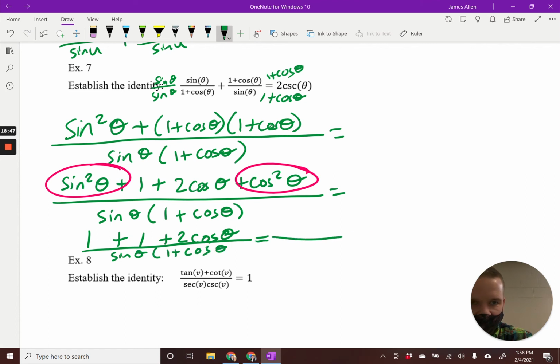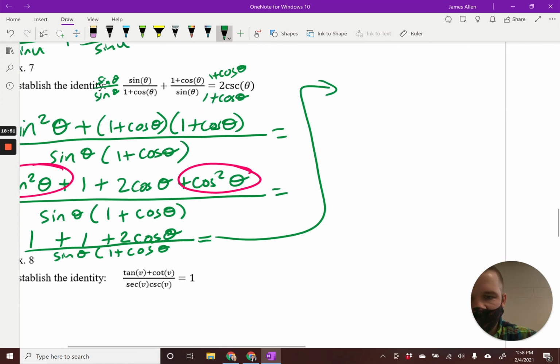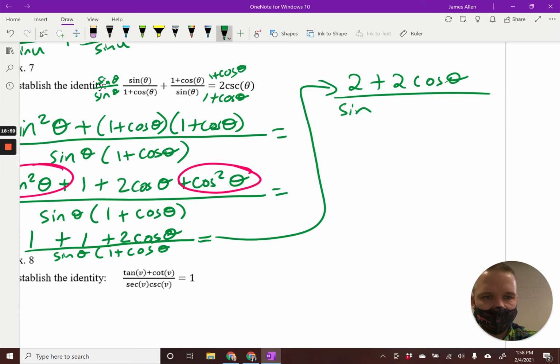And we are once again running out of room. All righty. So now, if I combine any like terms, I'm going to have 2 plus 2 cosine of theta over sine of theta times 1 plus cosine of theta.